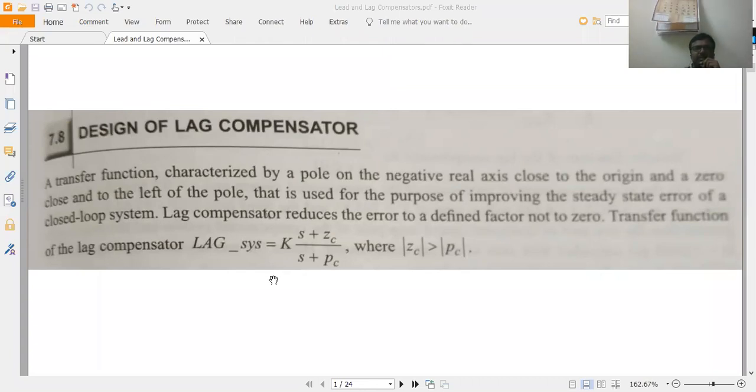Let us suppose this is the transfer function. In this transfer function, we have k into s plus zc divided by s plus pc, where zc is nothing but the zeros and pc is nothing but the poles.